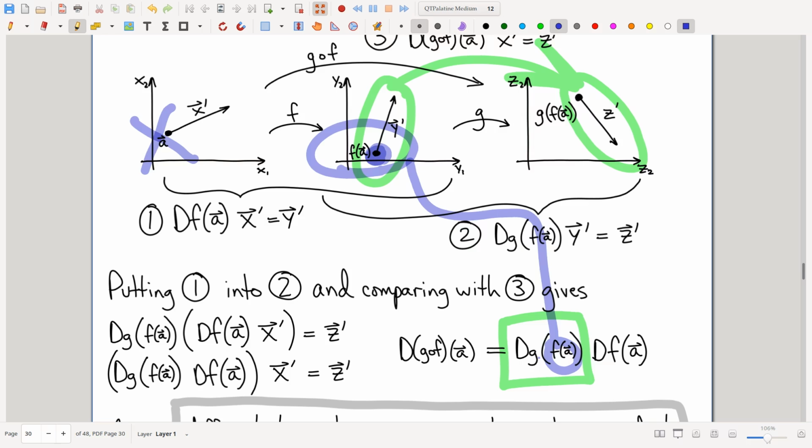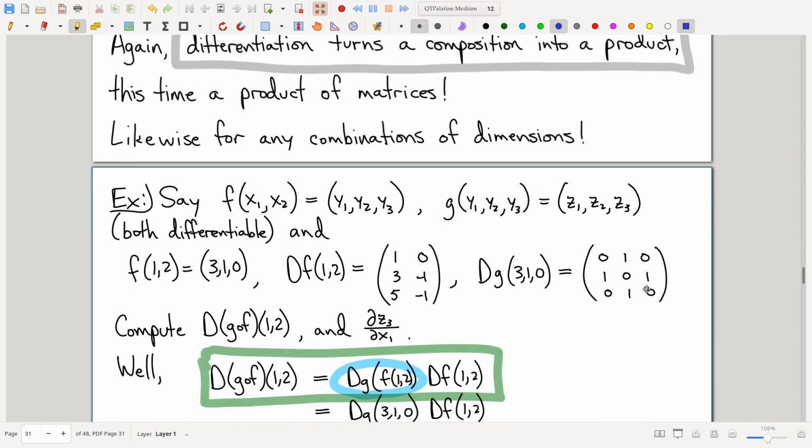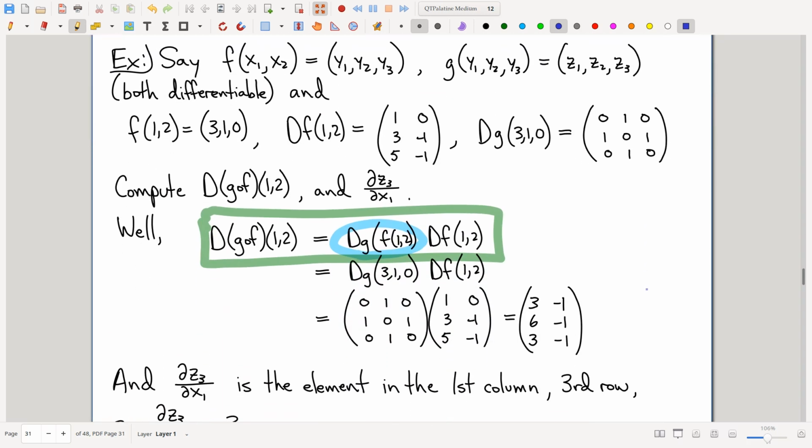Okay. All right, so with all of this in mind, how am I going to compute the dg matrix at f of 1, 2? I don't seem to have the dg matrix at f of 1, 2. I have the dg matrix at 3, 1, 0. Is that okay?